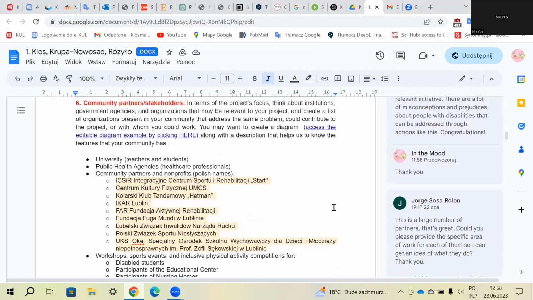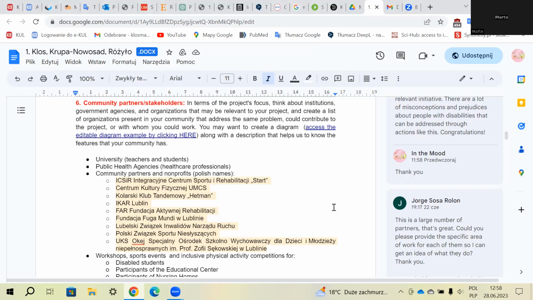Here in point 6, we have some partner stakeholders. So the main stakeholders will be the university. It could be our university, but I think our project can be for any university that would like to try this project. In the area of university, we have teachers and students.